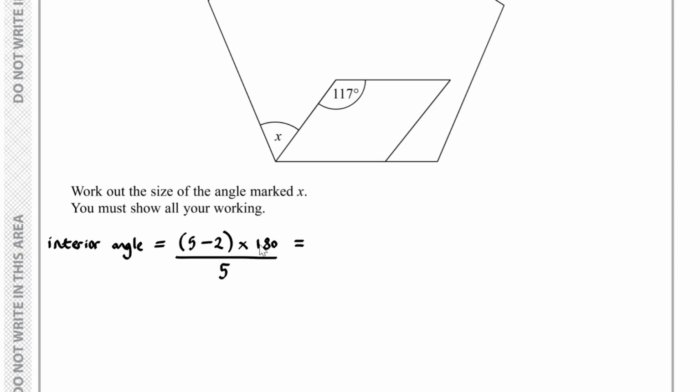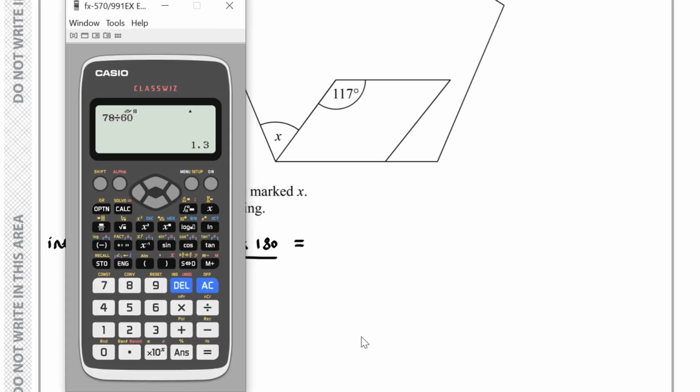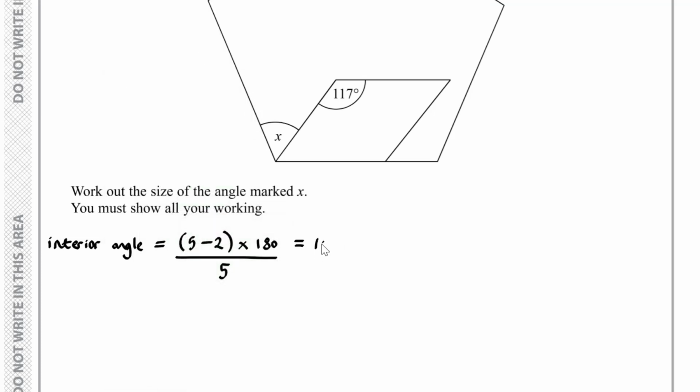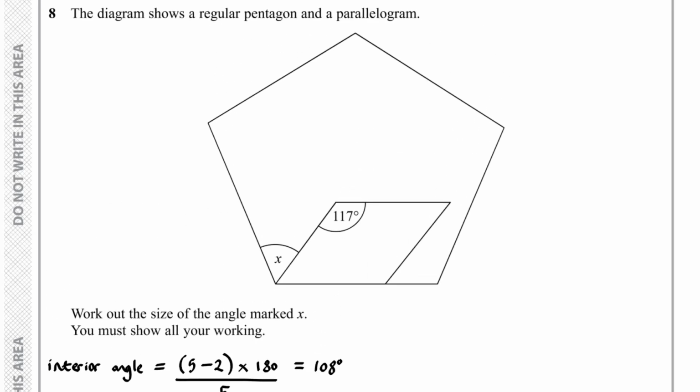So here we get 3 times 180 divided by 5, that's 108. So each interior angle is equal to 108 degrees.